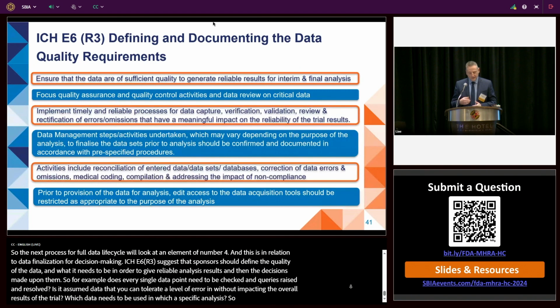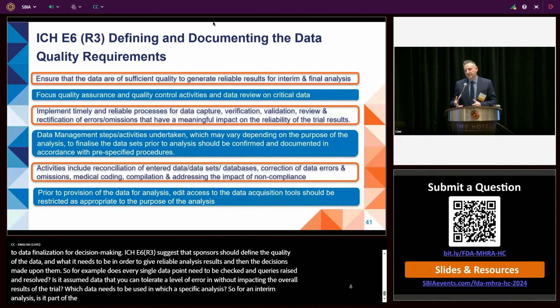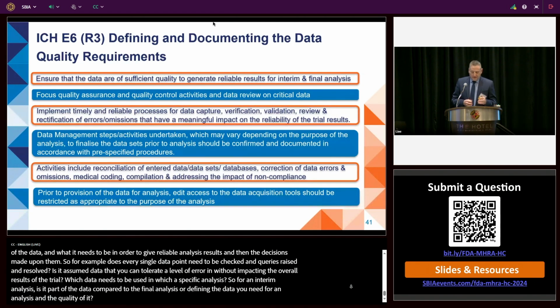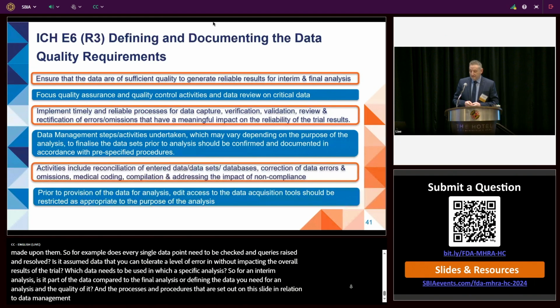So defining the data you need for an analysis and the quality of it. And then the processes and procedures that are set out on this slide in relation to data management can then be used in the appropriate way on that critical data to meet the defined quality.